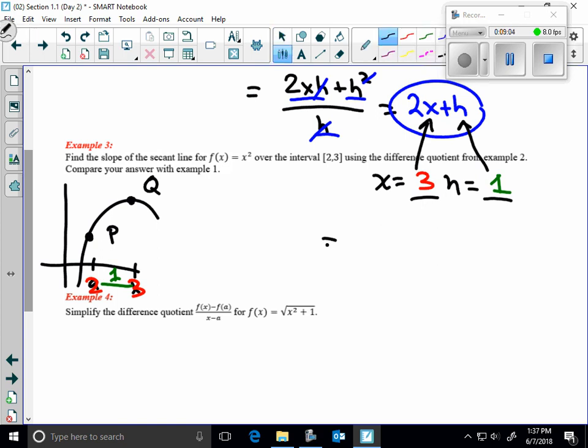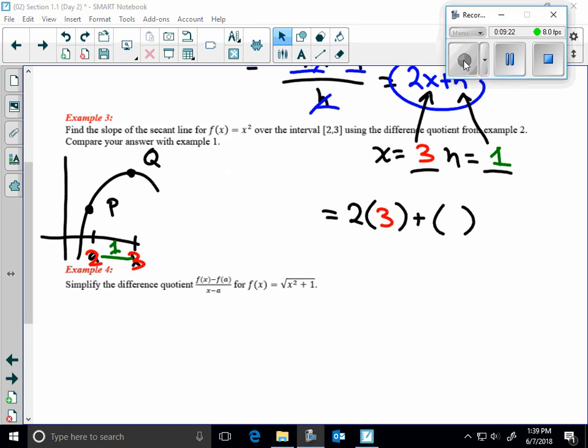So when I plug that into this difference quotient, I'd have 2 times x plus h. So I have 2 times 3. Uh-oh, I got a problem. Okay, so my mistake here, the x value that I started at was 2, which we already know, and then it changed by 1 to get to 3.